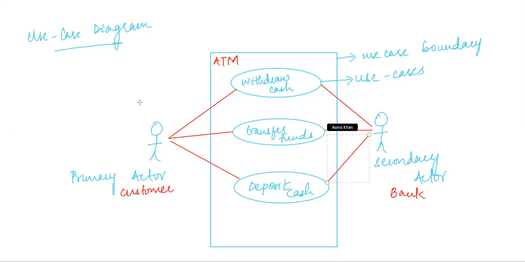Now you can also have another person, another actor, if we add one in here. If I'm adding another actor in here, name this person the maintenance person.